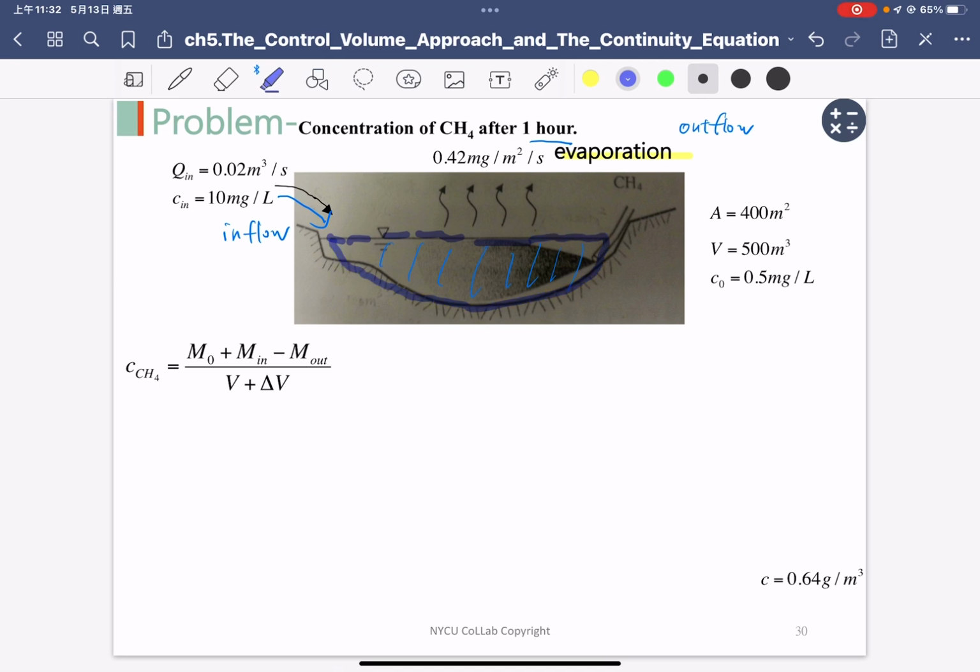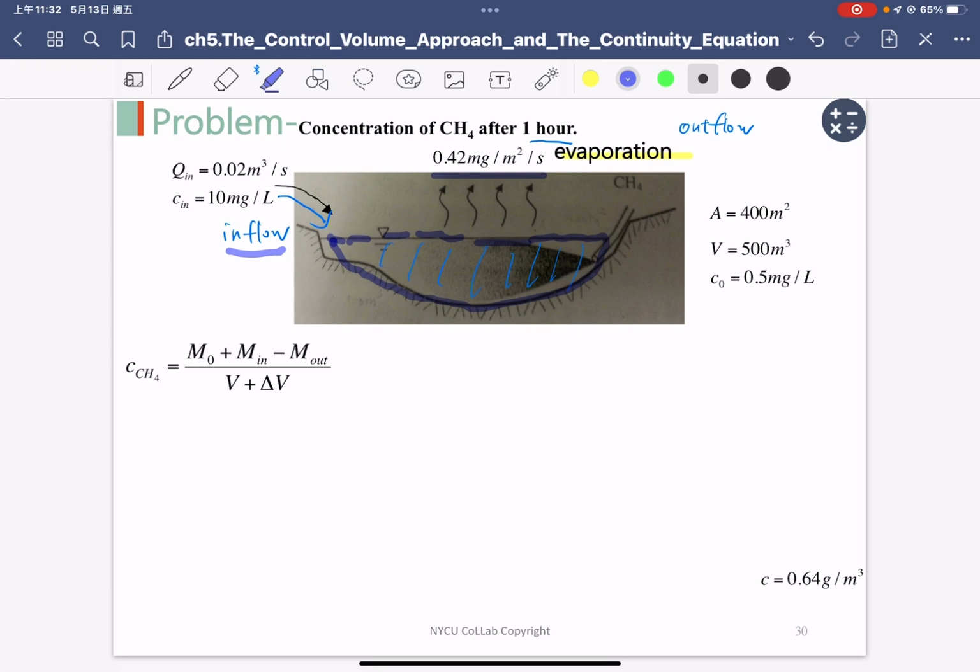The blue line shown here is our control surface. Along the control surface we have the inflow and the outflow. We would like to discuss how the concentration changes in the river after 1 hour.